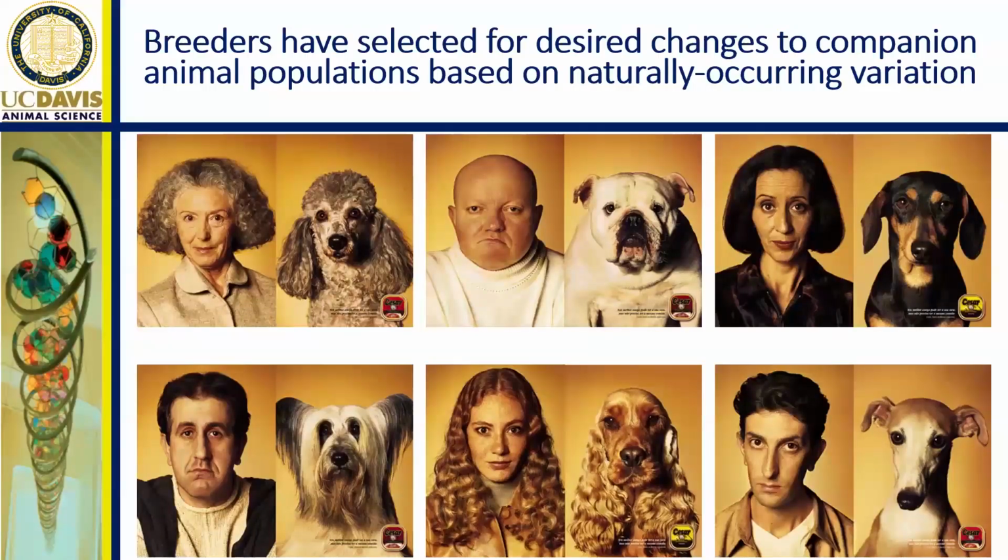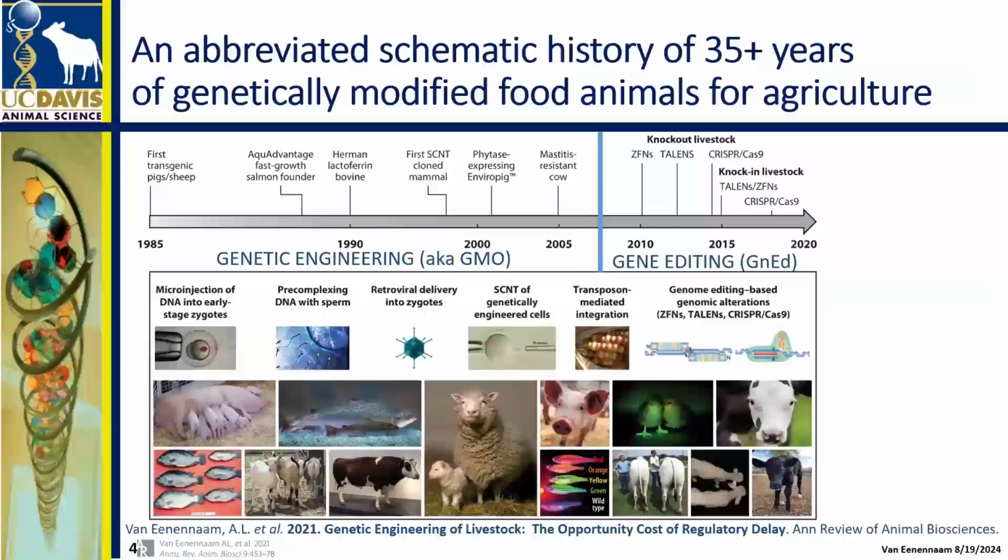And so all of these dog breeds have been selected from the wolf just based on naturally occurring insertions, deletions, indels, SNPs, to give them particular characteristics. And of course, breeders do this not only with our pet species, but also with our agricultural species. And one of the tools that has been used to do that includes biotechnology.